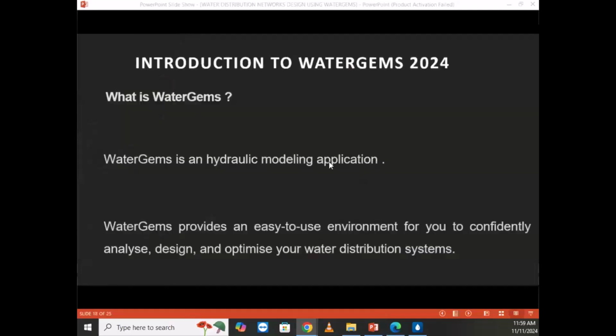Okay, let's solve it by definition. First of all, WaterGEMS is a hydraulic modeling application. It doesn't model only water distribution systems. It models everything which is based on hydraulic concepts. It can model open channels or closed channels, fluid mechanics, everything.